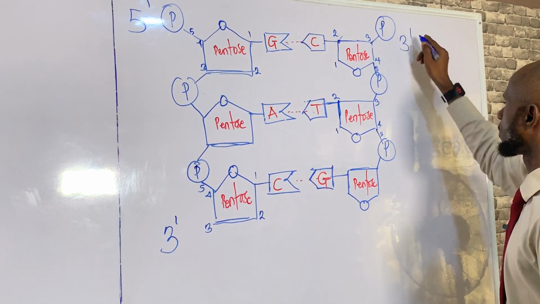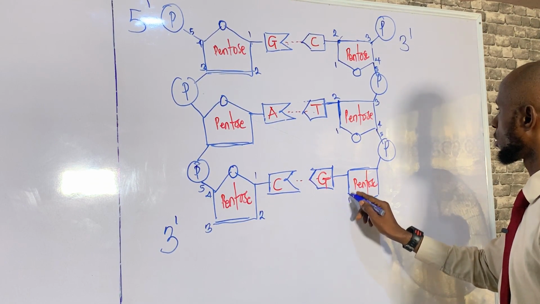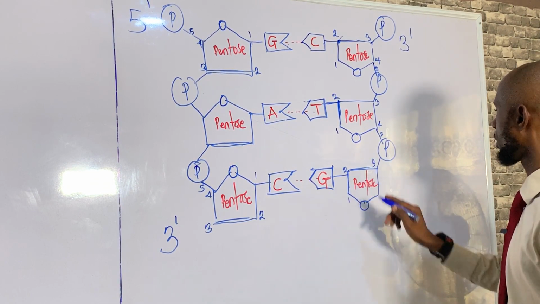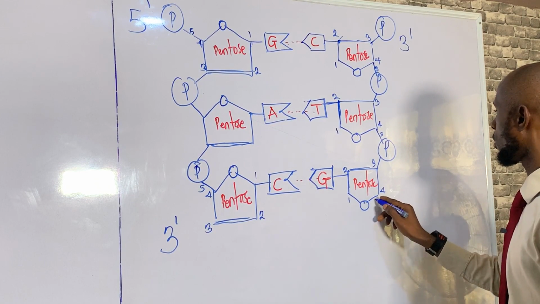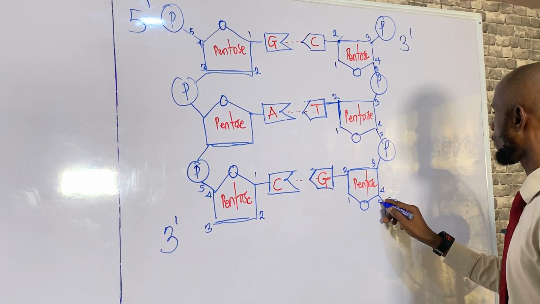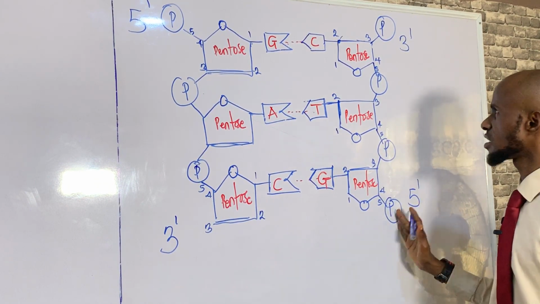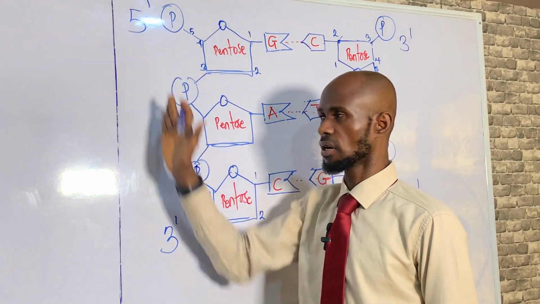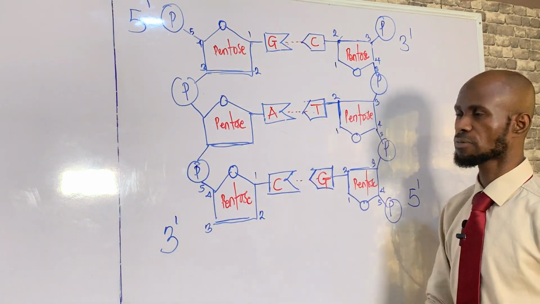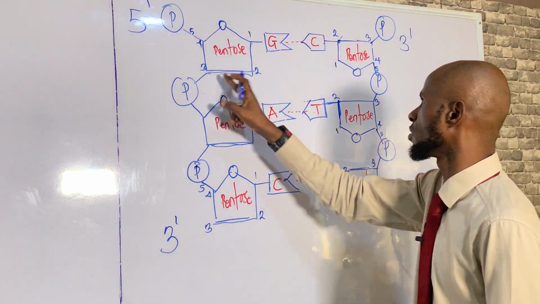This is 3 prime. And we are ending with 1, 2, 3, 4, then the P is going to be here, then 5. This is going to be 5 prime. This is not the focus of the exam. I'm only showing you the placement of the carbon. You refer to your organic chemistry where the carbons are being placed.